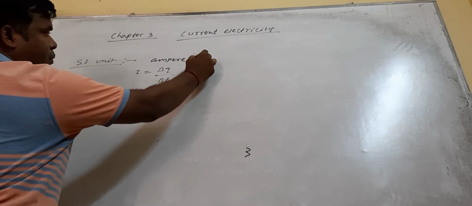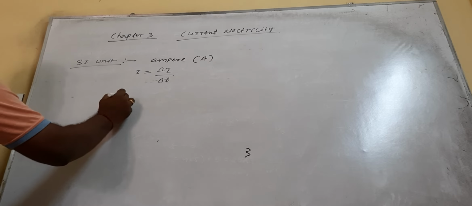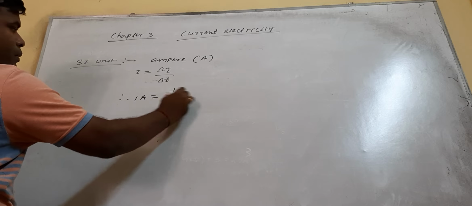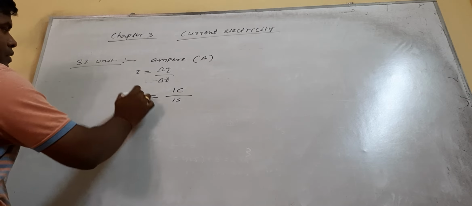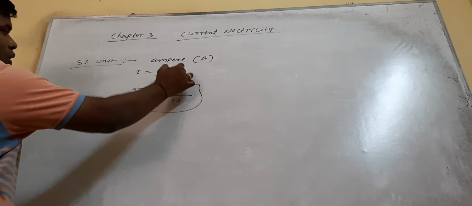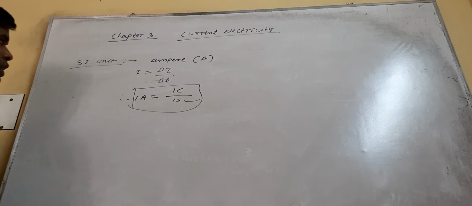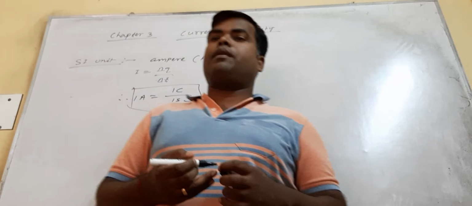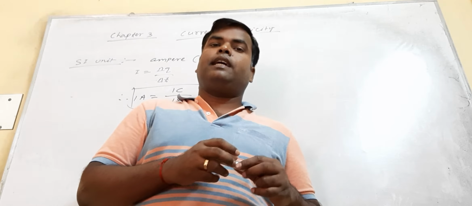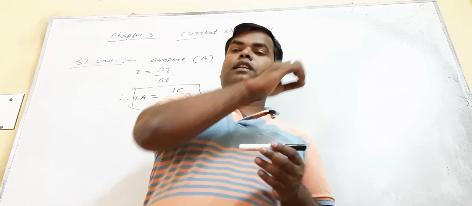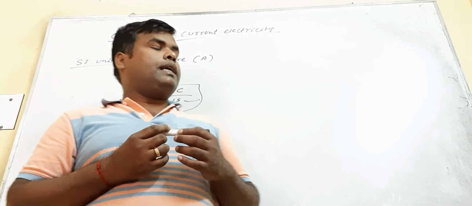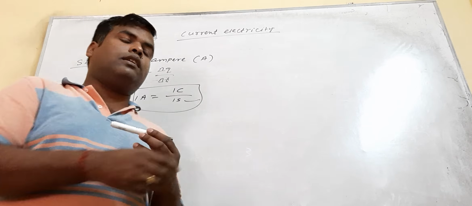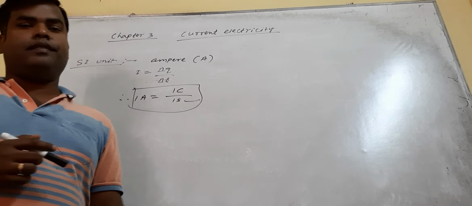Ampere, symbol is capital A. Therefore 1 ampere is 1 coulomb by 1 second. Charge unit is coulomb, time unit is second. So how can we define 1 ampere? You can say current flowing through a conductor is said to be 1 ampere if 1 coulomb of charge flows across any cross section in 1 second.